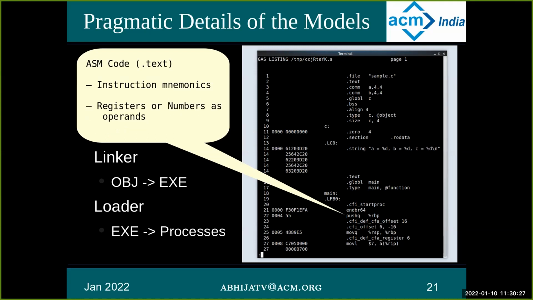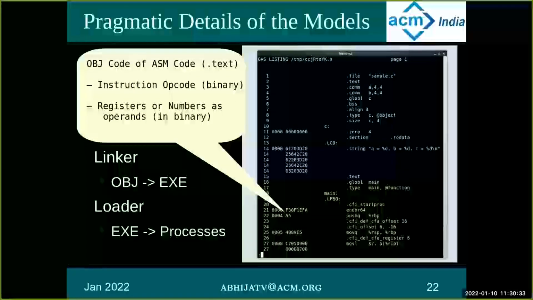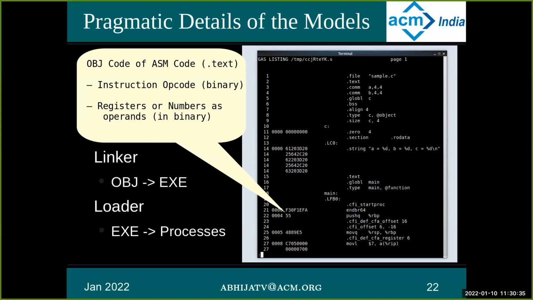You also see instruction mnemonics now, and their register numbers as operands. This is the instruction opcode version of the instruction mnemonic. The opcode encodes the various register numbers as an operand, so you only see the opcode as one single number.